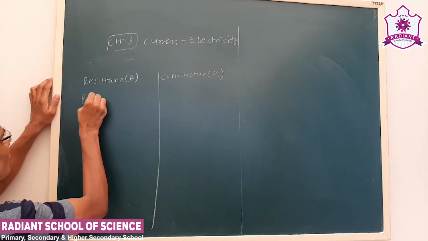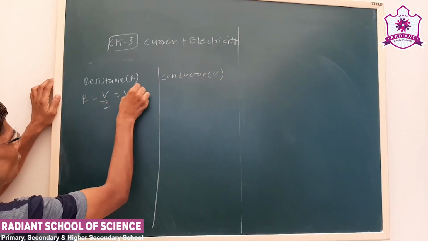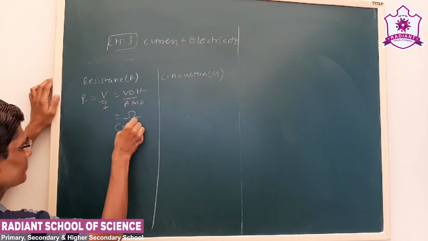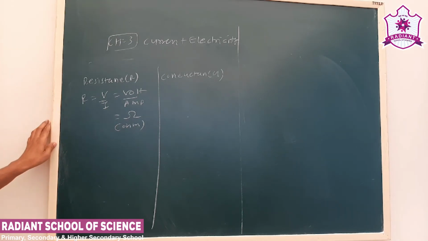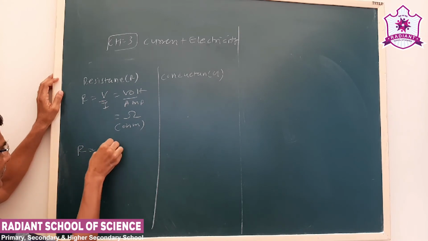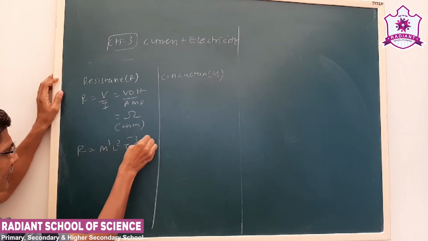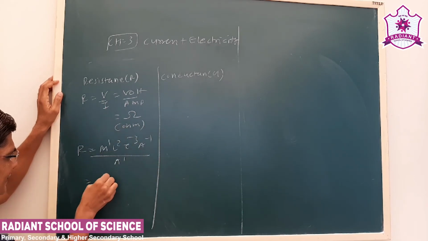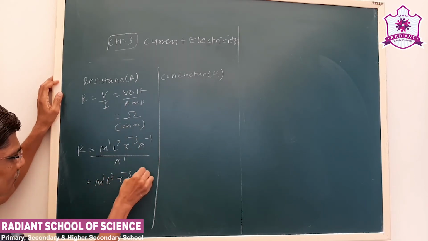See, R is equal to V by I, volt upon ampere, that is ohm. Now the dimension of resistance: volt upon ampere, volt is M1 L2 T minus 3 A minus 1, current is A1, so M1 L2 T minus 3 A minus 2.